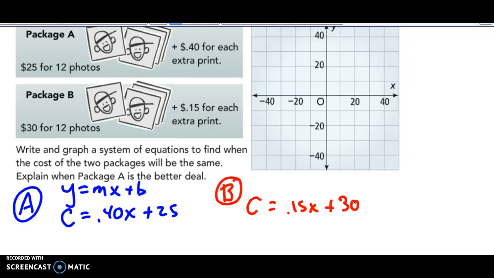So as I graph this, let's start with equation A. On the y-axis, I'm going to put my point at positive 25. So if I'm counting my 20s, then 25 should be halfway in between here and here. So there's my y-intercept. Now from here, I have a slope of 40 hundredths.